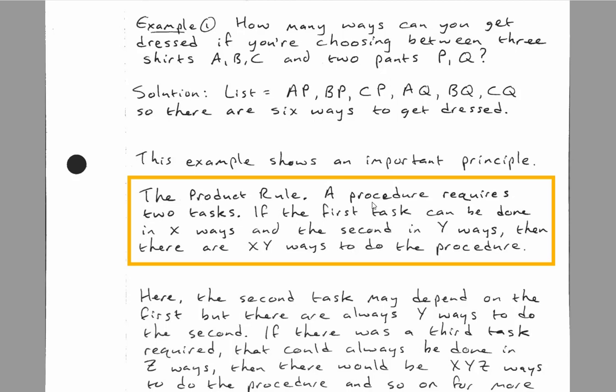If we have a procedure that requires 2 tasks, if the first task can be done in X ways and the second can always be done in Y ways, then there are X times Y ways to do the procedure.